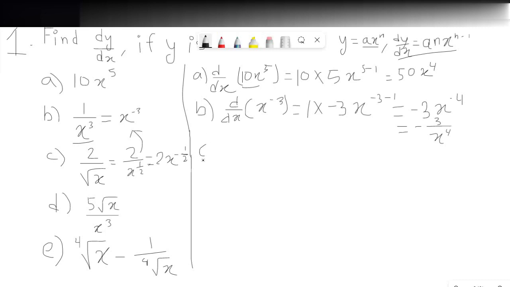So number c would be d dx of 2x to the power minus half, and we get the same formula, 2 into minus half into x to the power minus half minus 1. As you can see, the 2's cancel out each other and we get minus x to the power minus 3 by 2.